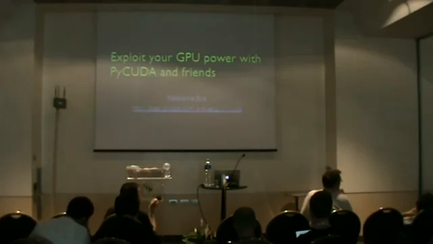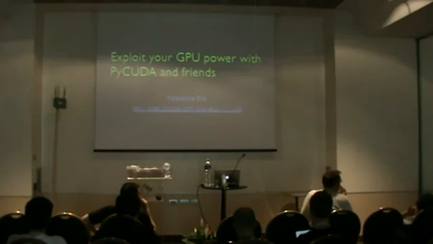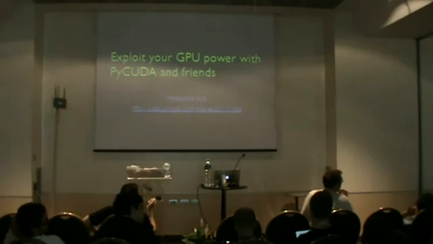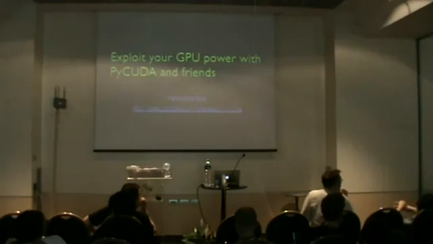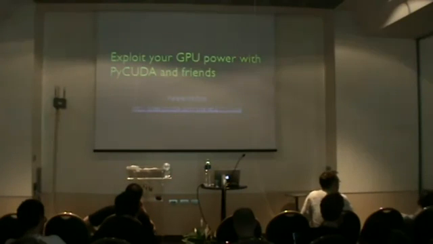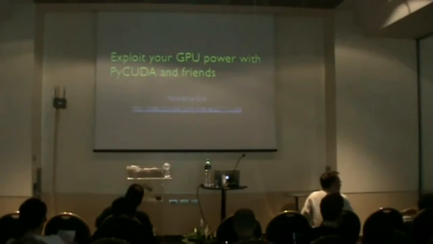So PyCUDA has some functions, like, you remember the source module class? Well, it has some classes like this where you can specify just the kernel code without any reference to the thread index that you have to fetch in the source module class, and it automatically chooses the configuration of your kernel.